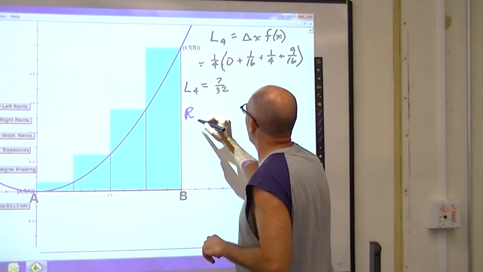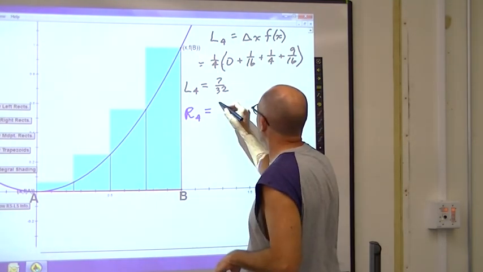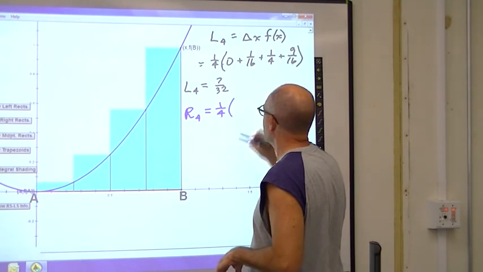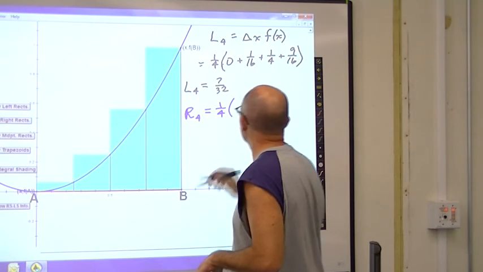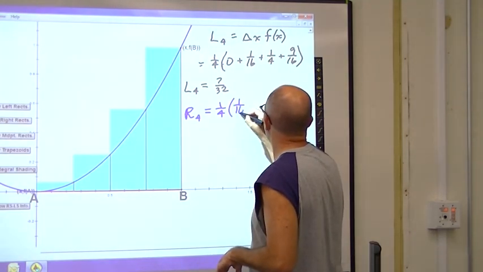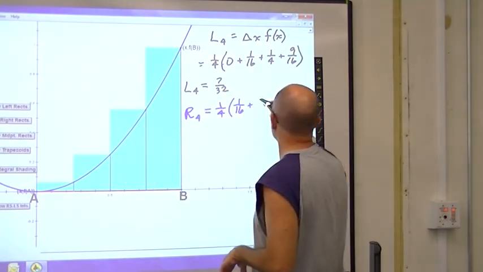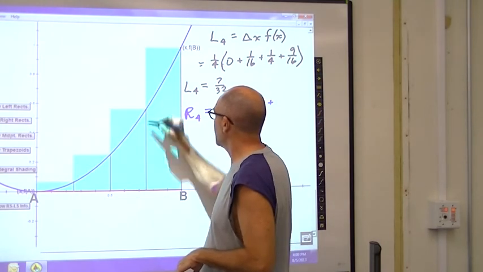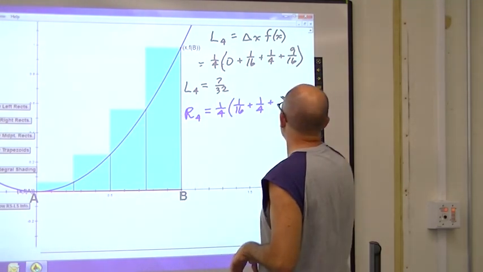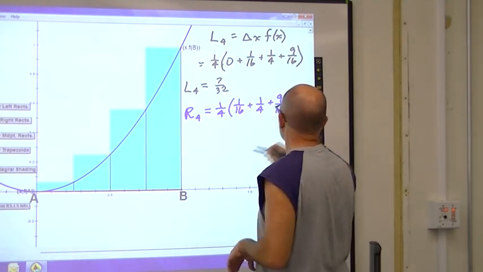Well, R sub 4 is going to equal 1/4 again, times the height of the first rectangle, which is 1/4 squared, plus the height of the second rectangle, which is 1/2 squared, plus the height of the third rectangle, which is 3/4 squared, and the last rectangle, which is 1 squared.